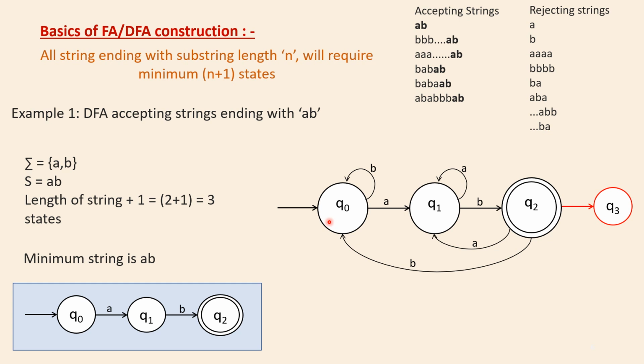If I have A, B, B, A, B, so I have two B's in between, I will be having A, B, and B goes back to Q0 and n number of B's get looped here until and unless it ends with AB. So therefore this state is not required. So this is our completed DFA for strings ending with AB.